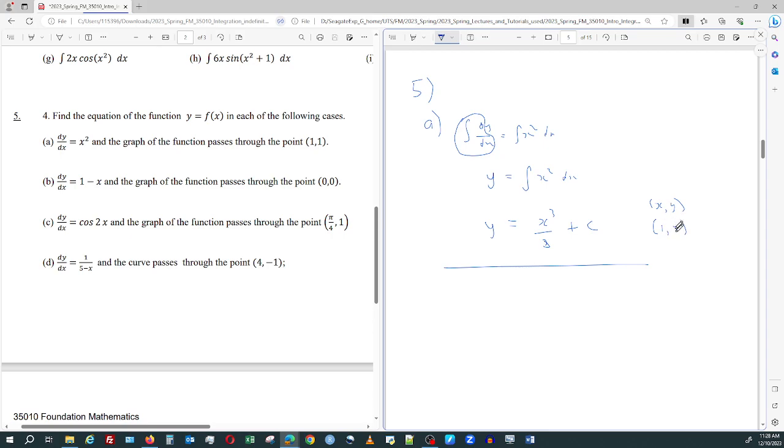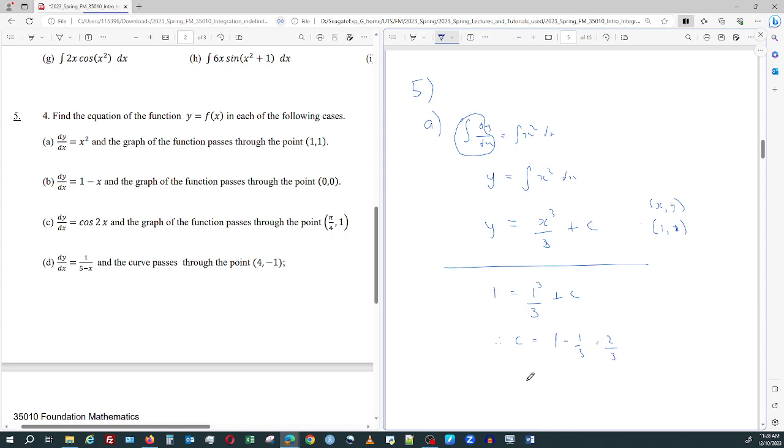So to get the final c value out, we just use those values. So 1 is equal to 1 cubed over 3 plus c. So that's just 1/3. So therefore c is equal to 1 minus 1/3, and it's clear that that's 2/3.